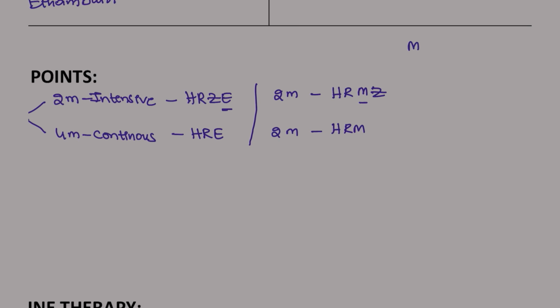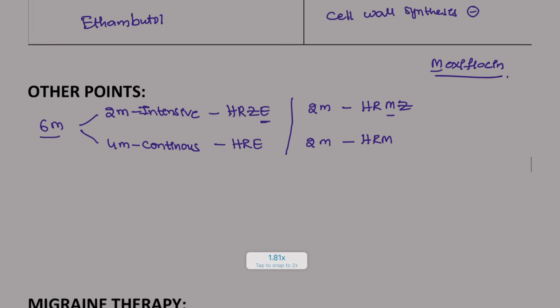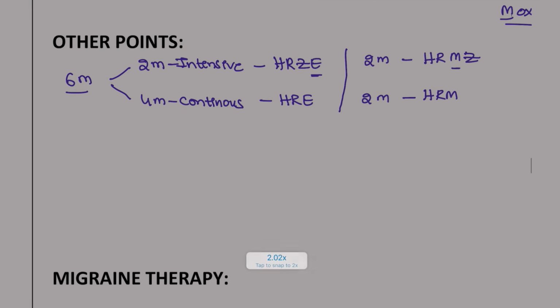What is this M? This is moxifloxacin. The revision is also given for 4 months only. Right now this is not yet implemented in India, but it is a worldwide new addition for these drugs.